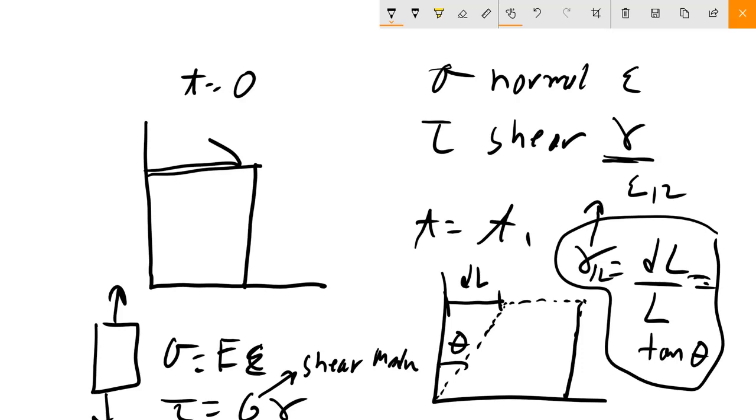So how do we represent strain as a second-rank tensor? Well, we're going to use essentially the same definition. We could have strain in the same kind of directions that we talked about last time.